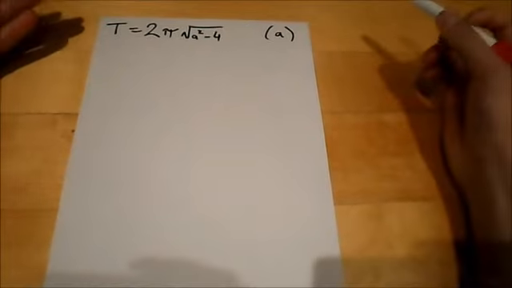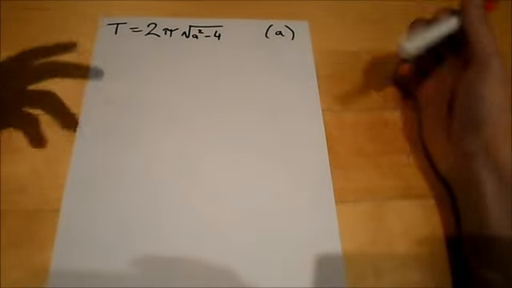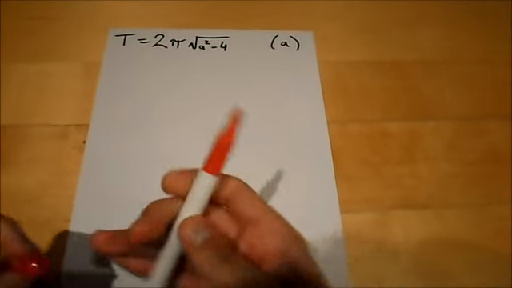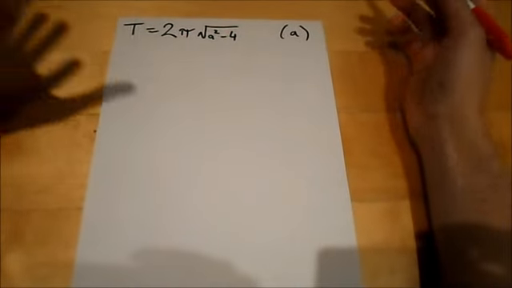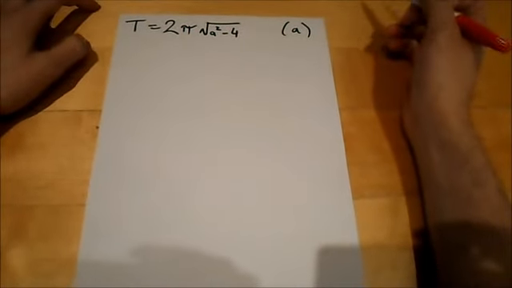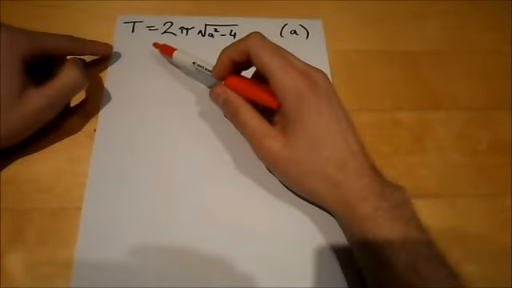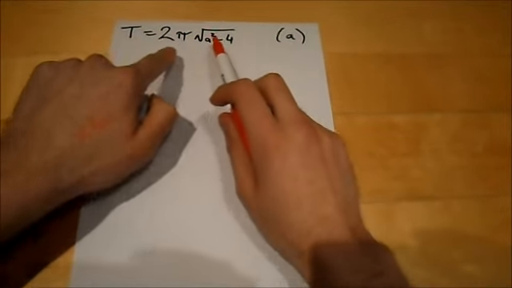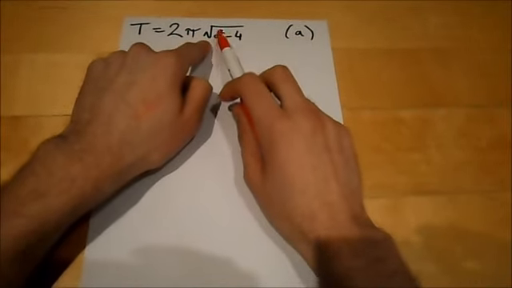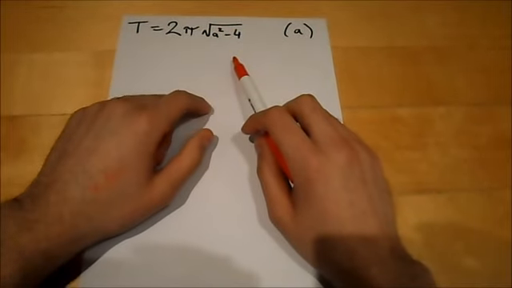Now, this one is a lot more complicated. There's going to be a lot of steps, but each individual step you can do. So you're just going to break it down one step at a time and everything will be fine. So this is t equals 2 pi multiplied by the square root of a squared minus 4.